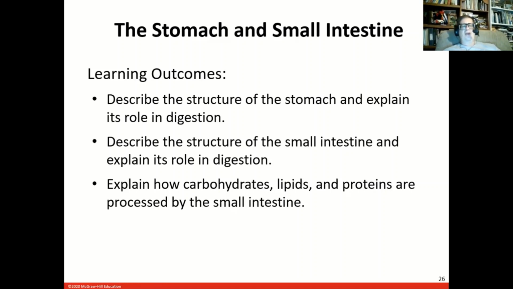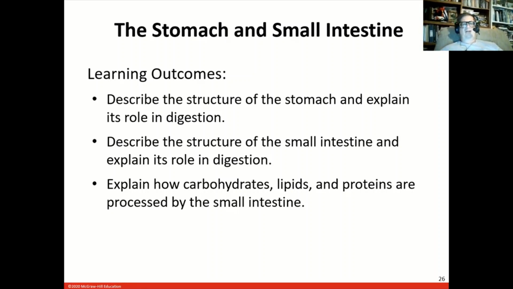You do break down proteins a little bit in the stomach, but you finish that in the intestines. You finish the breakdown of lipids and carbs in the intestines. The small intestine is the main organ of digestion, not the stomach. I'm not saying the stomach does nothing, but it doesn't do as much as everybody thinks it does.